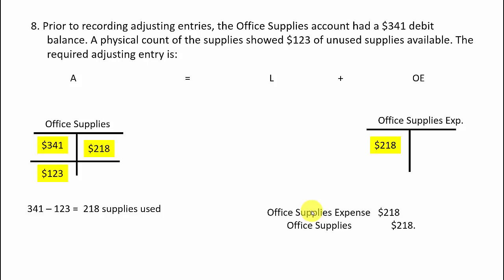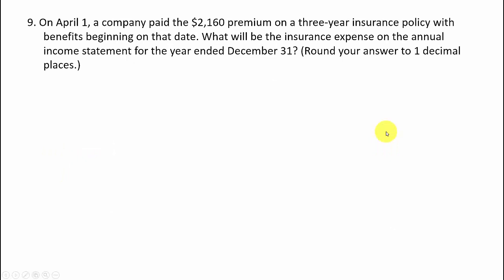This is another typical prepaid item that is now being used up over time, and we're lowering the asset value and increasing the expense. Now keep in mind, both sides are going down because assets are going down $218, owner's equity is going down $218, and even though supplies expense here is going up, anytime an expense goes up, it lowers owner's equity.